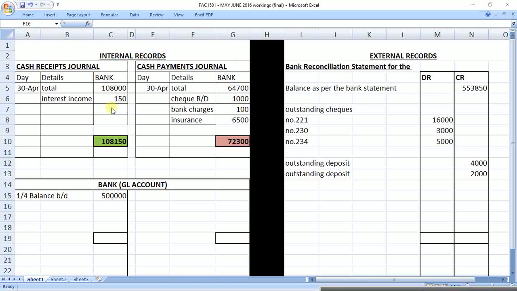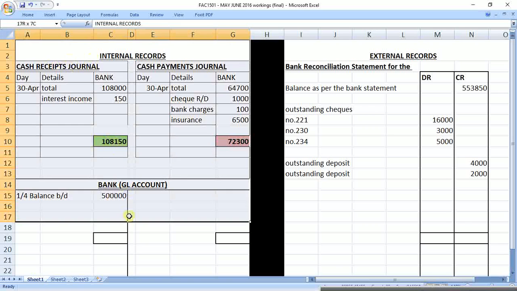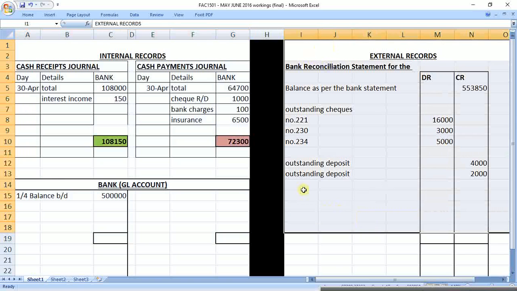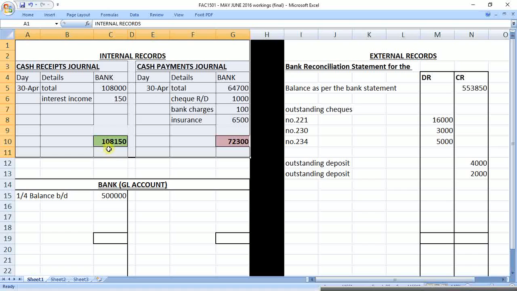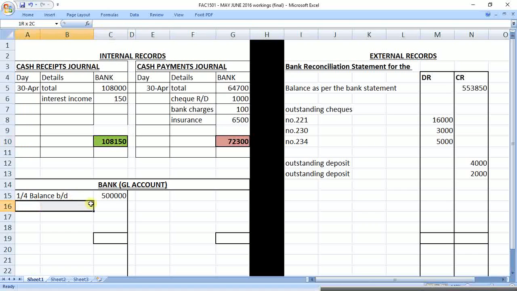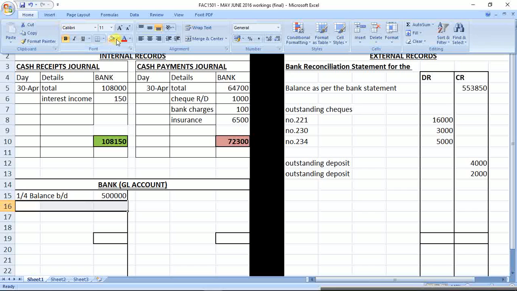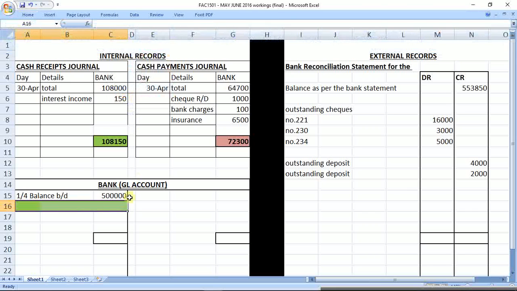Where do the receipts go? Bank recon. Remember, internal records here, external records there. Internal records are internal records. So where does that go? In the GL account. Increase or decrease? Increase. Total receipts will increase the bank. Do you agree?